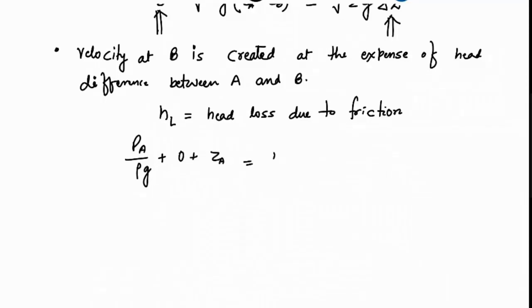ZA is equal to, applying Bernoulli's equation at point A and point B, and since there is a head loss, I have to add this HL on the right side.